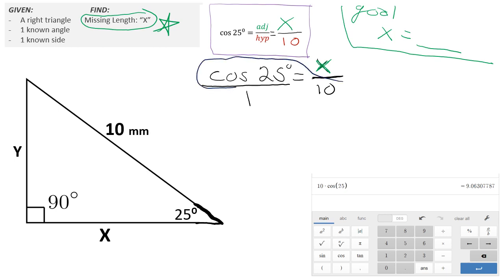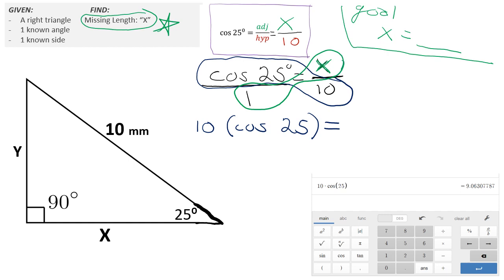Because then what you can do is think about your cross multiplication as 10 times your cosine of 25 equals x times 1. And x times 1 is, of course, just x. So there is your answer right there.